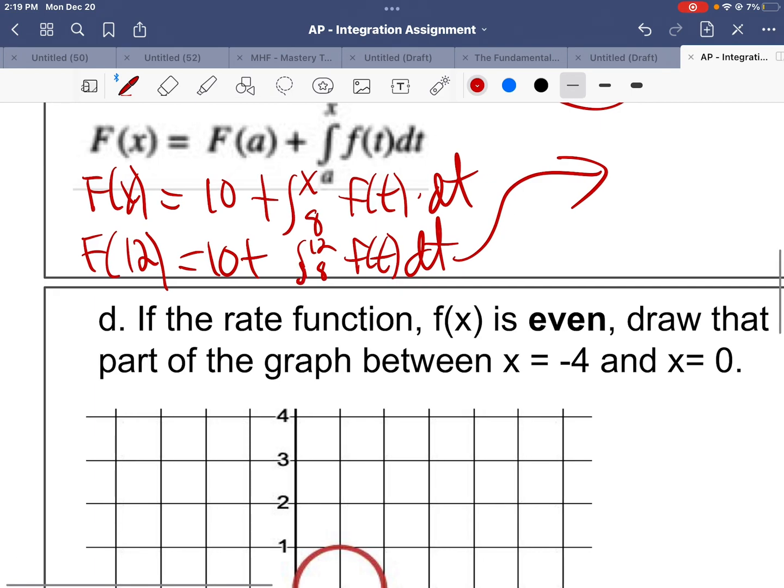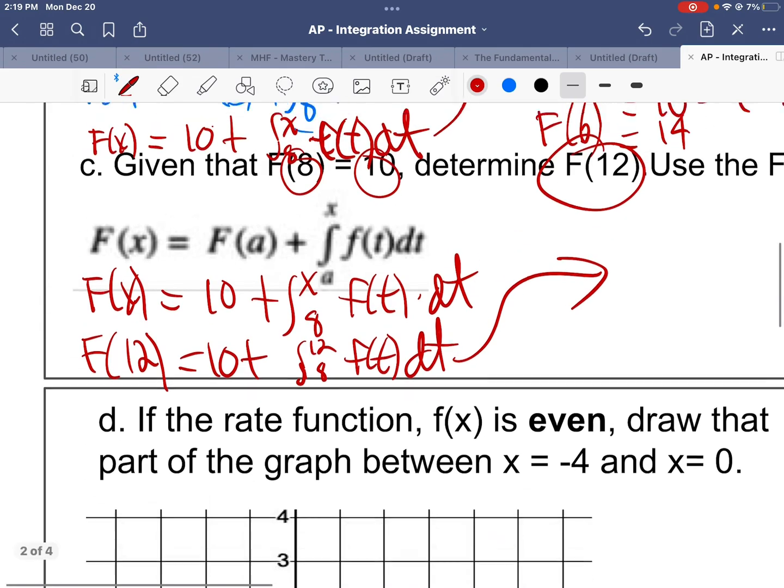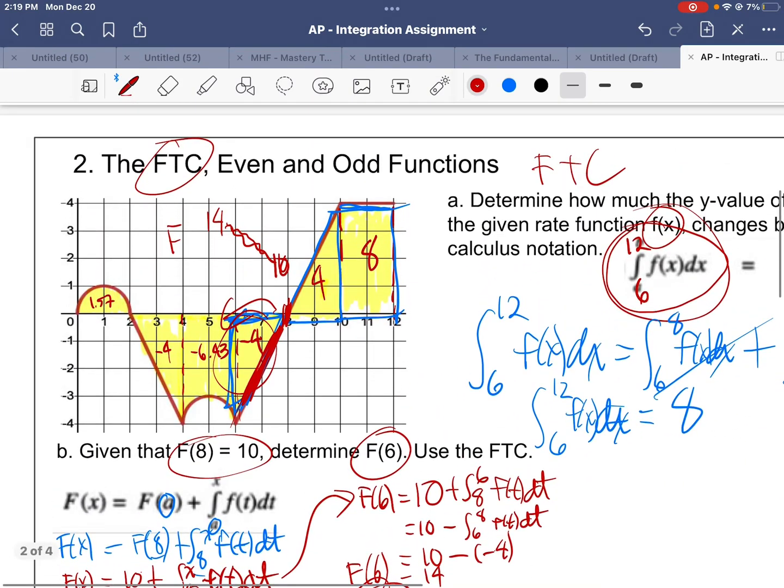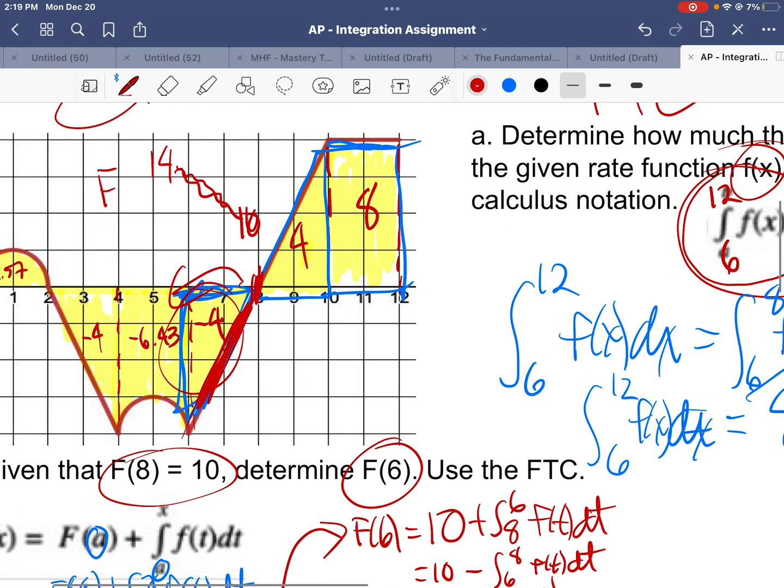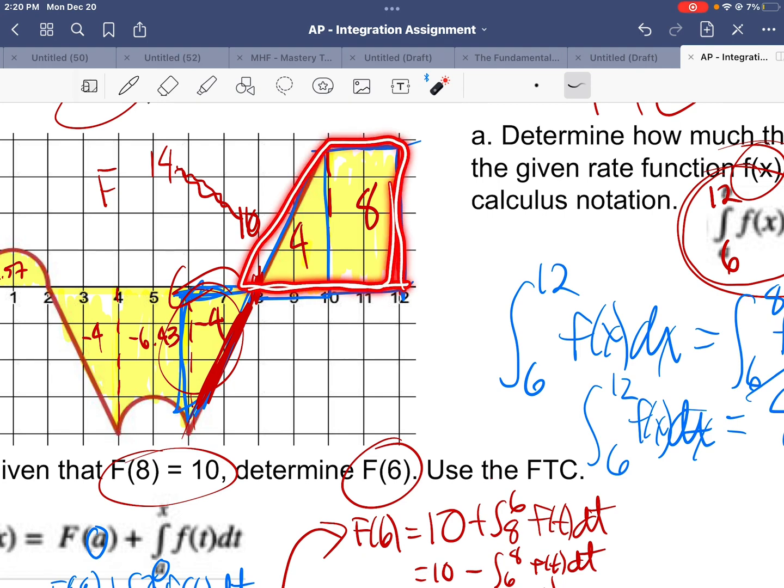Okay, so I need to get the area between 8 and 12. Well, would you look at that? There's 8, there's 12. The total area is 4 plus 8, that's 12. So I go all the way across there and I go up. That is my signed area. So it's 12.